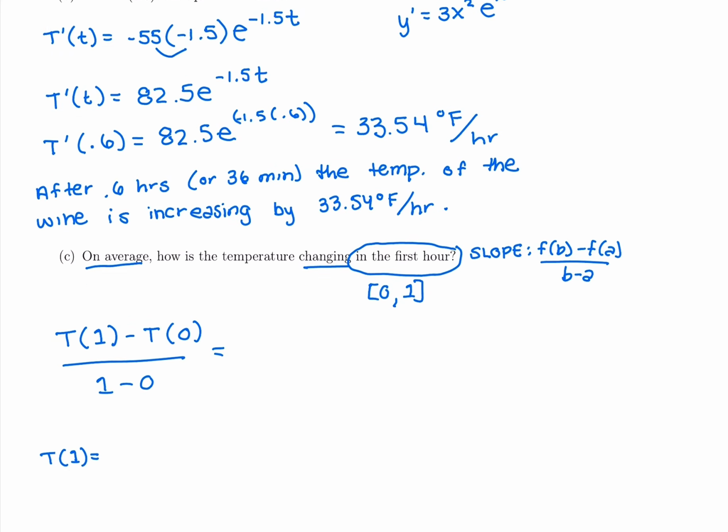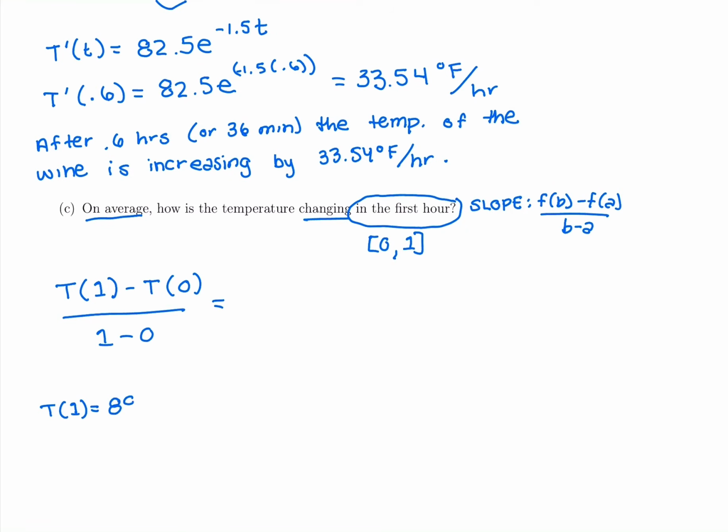I'm going to do 88 minus 55 e to the negative 1.5 times 1. What is the temp 1 hour in if we leave this bottle of wine sitting? It's going to be 75.727. It keeps going.